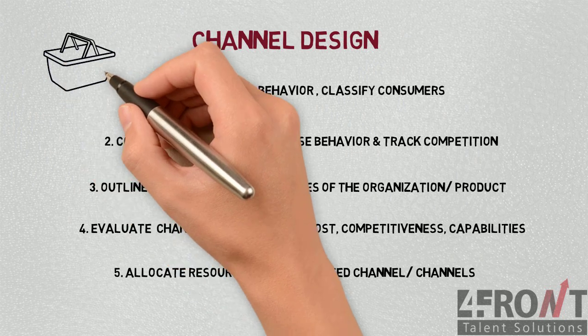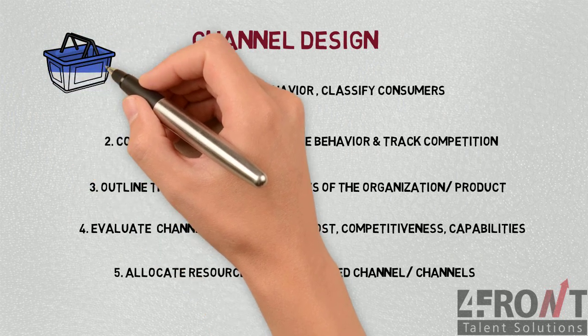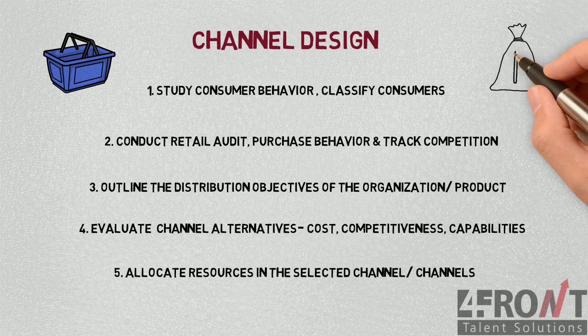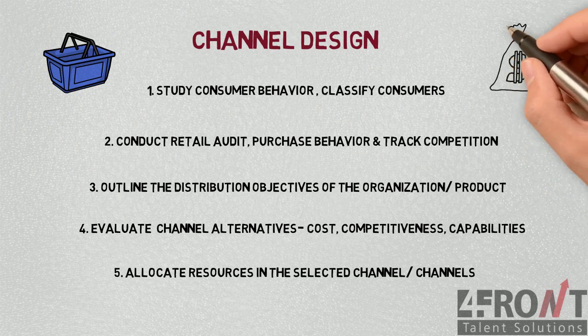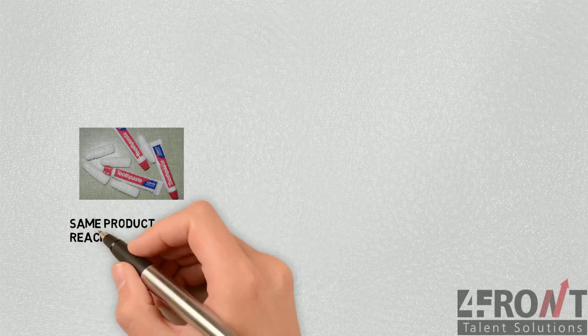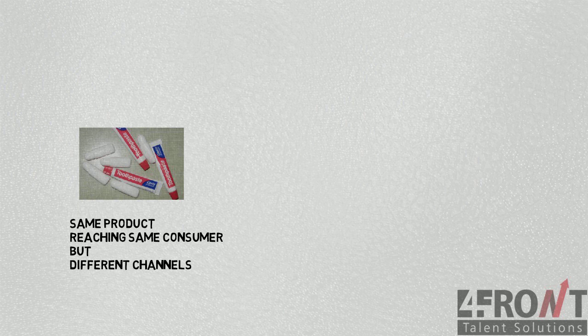The choice of channel is determined on one hand by the product or the product basket, on the other hand, the cost of the channel and the revenue that will be generated from that channel. For mass products, often you have the same product reaching the same consumers, but maybe through different channels.